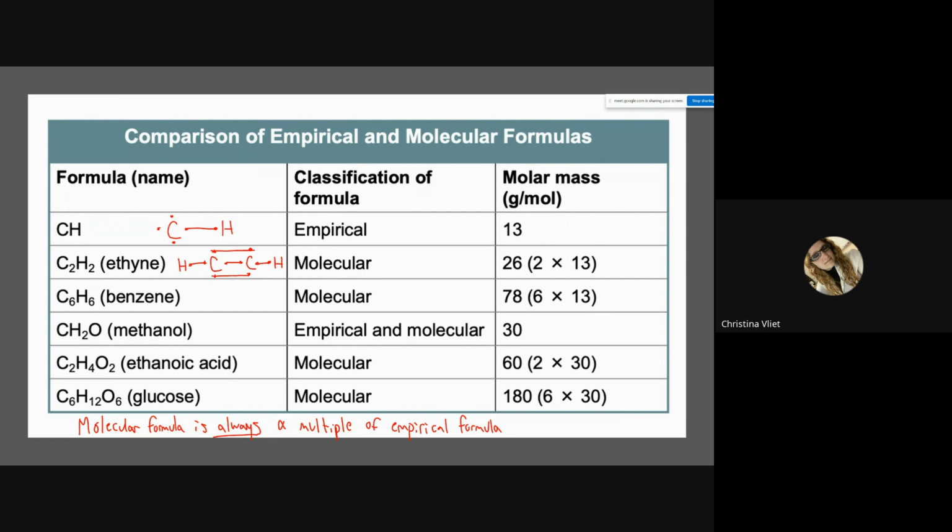All I wanted to bring up here is that the molecular formula is a multiple of your empirical formula. We're going to use that information to help us solve questions.